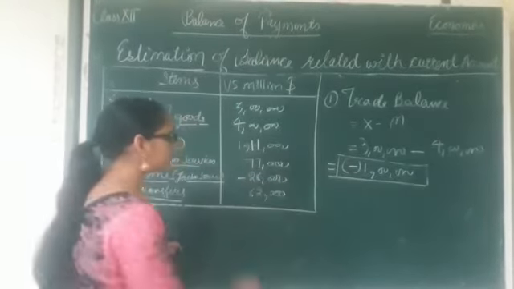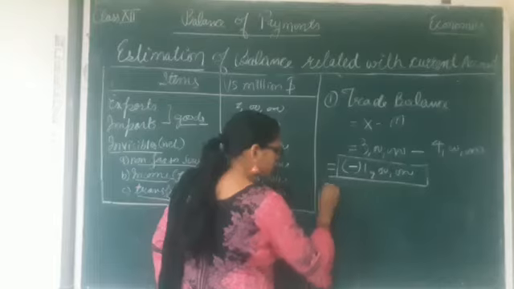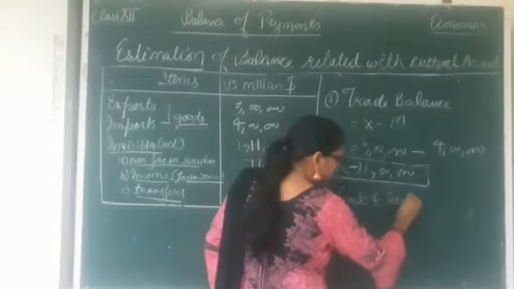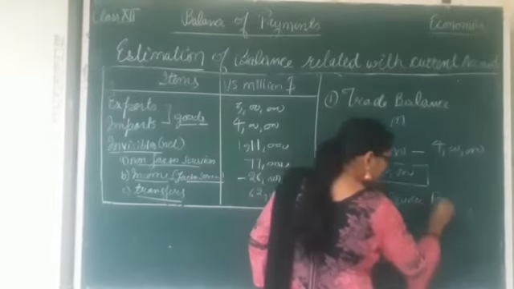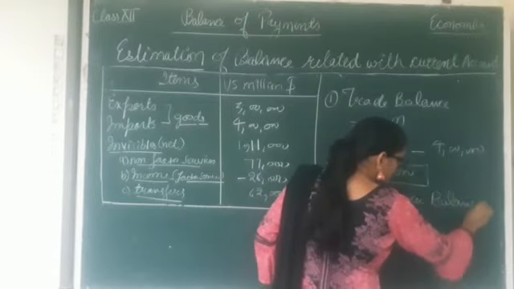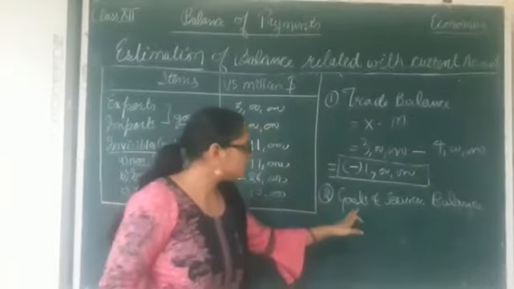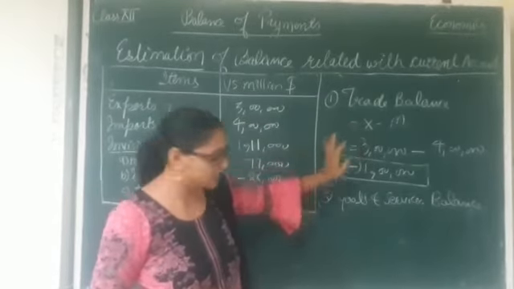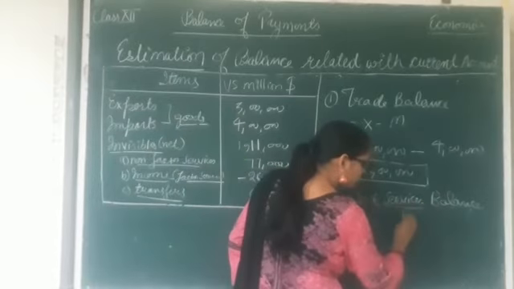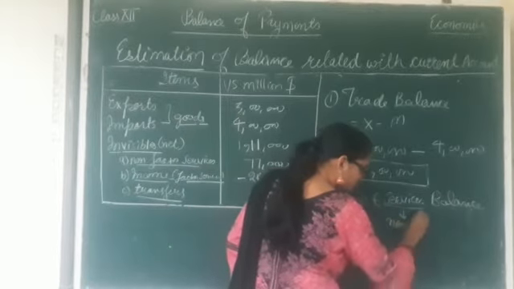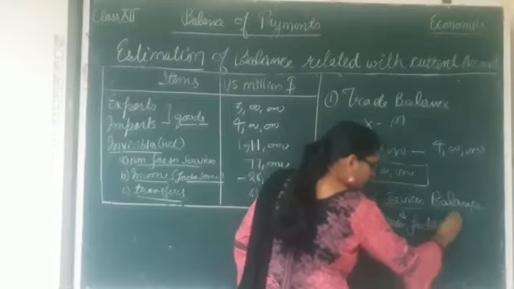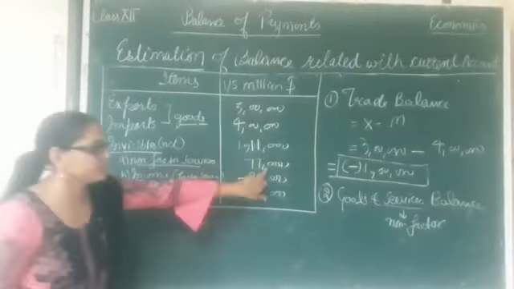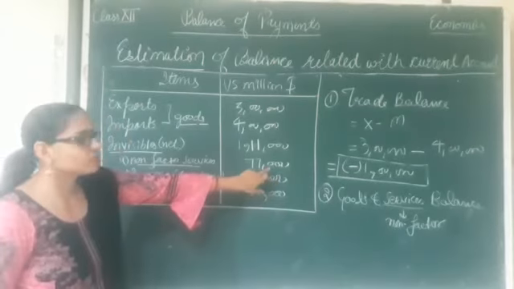Next we have goods and services balance. If you remember, goods means balance of trade, that is export and import of goods, and in services we only take non-factor services, which is given in the question here. Non-factor services, that is 77,000. So this is what we are going to take here.